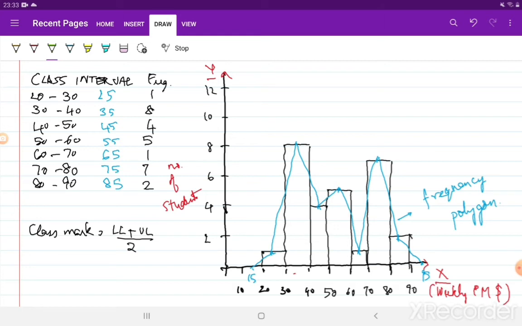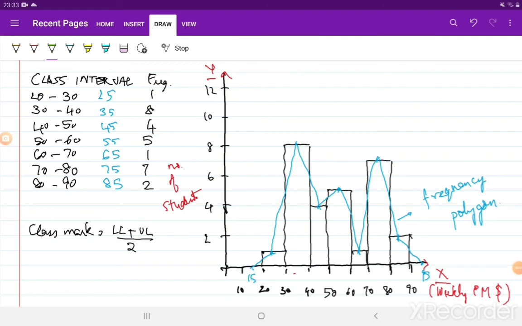On the other hand, I cannot possibly draw another set of histograms to show the frequency distribution of pocket money of 10th standard students in the same graph. I would have to prepare a separate graph. So that is one of the advantages of frequency polygons.